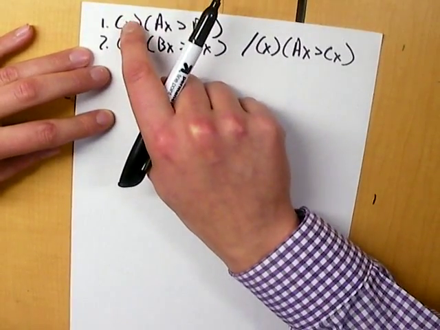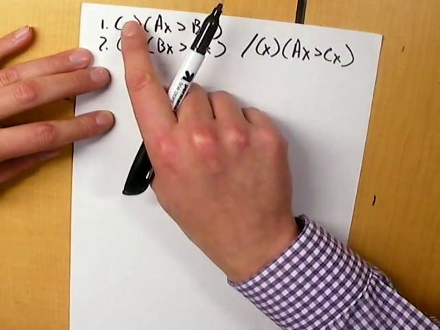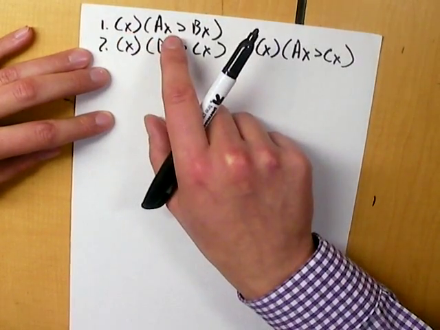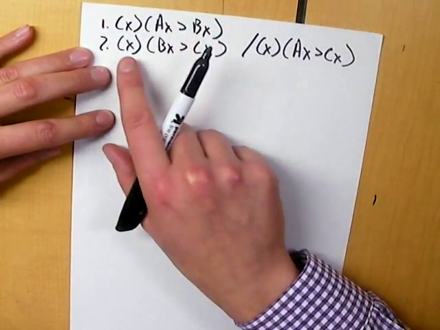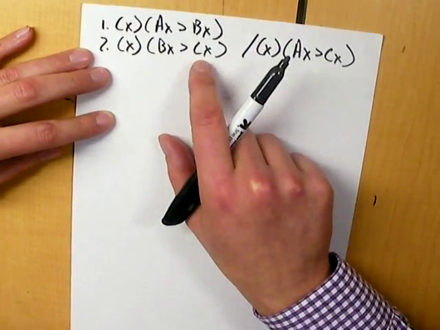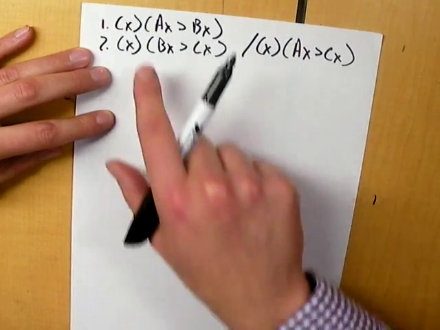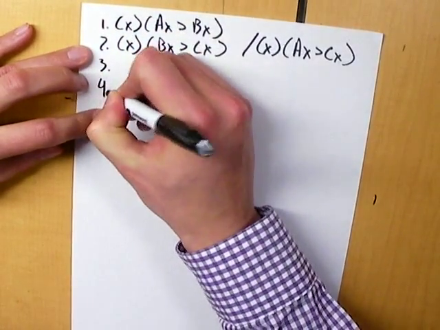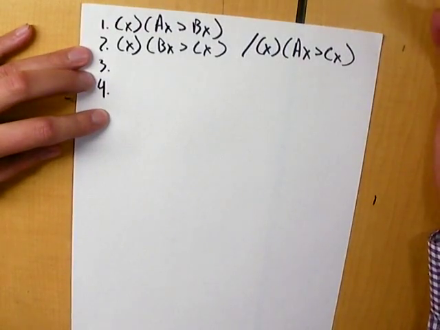The main operator here is the universal quantifier as it is here. For any x in the universe, if x is an A, then x is a B. For any x in the universe, if x is a B, then x is a C. So before we can apply that HS, we need to get rid of these quantifiers. If the quantifier is the main operator, usually you want to get rid of it.